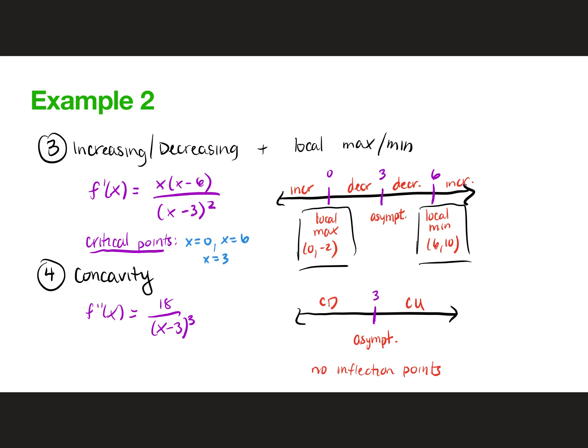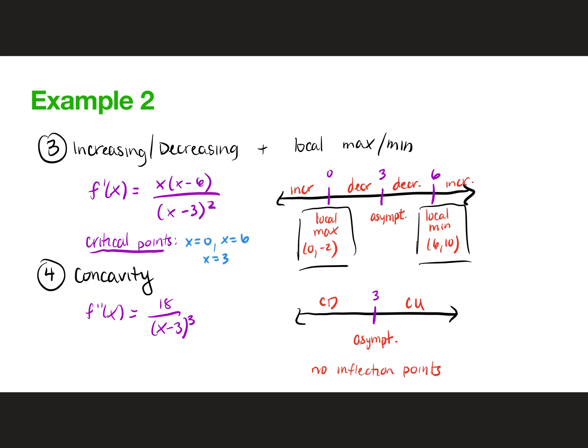We use those to divide up our real line into subintervals, and then, sparing you the effort of plugging in some numbers on each of those subintervals, we find where the function is increasing versus where it is decreasing.